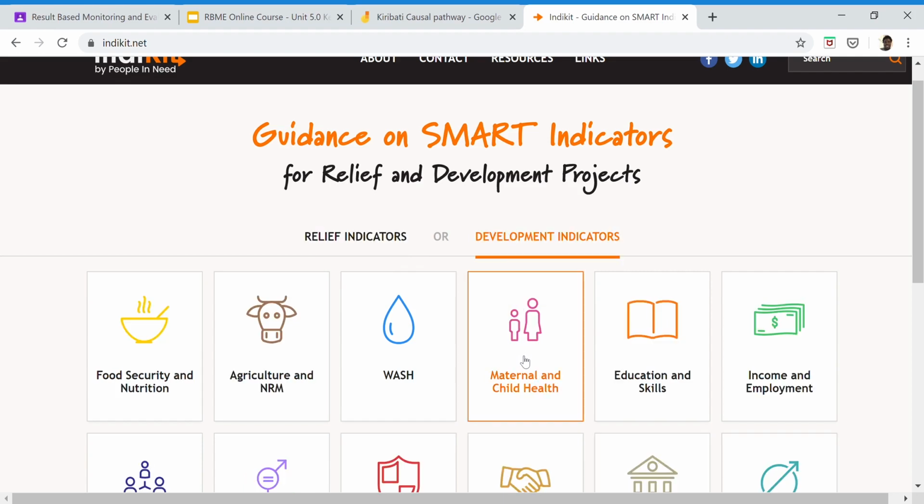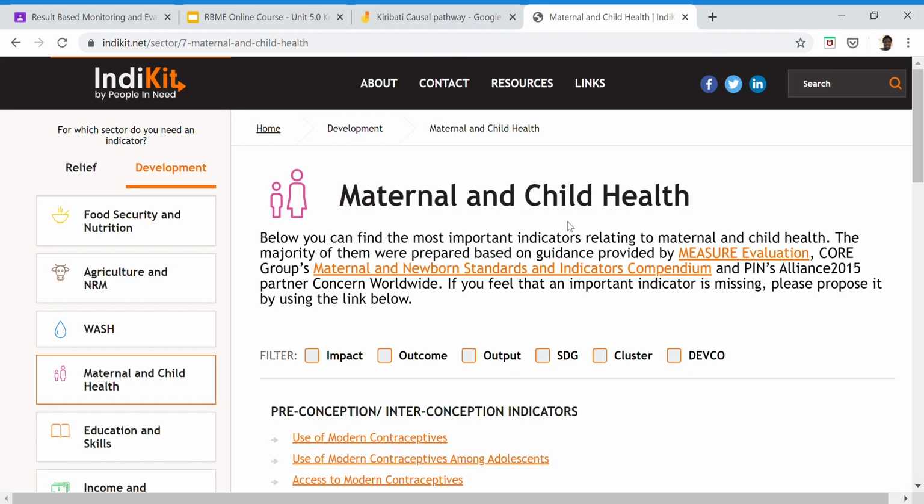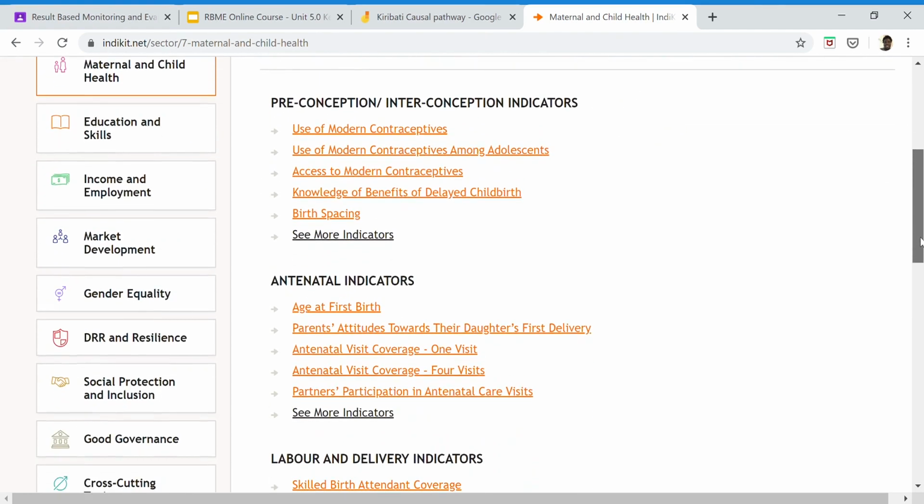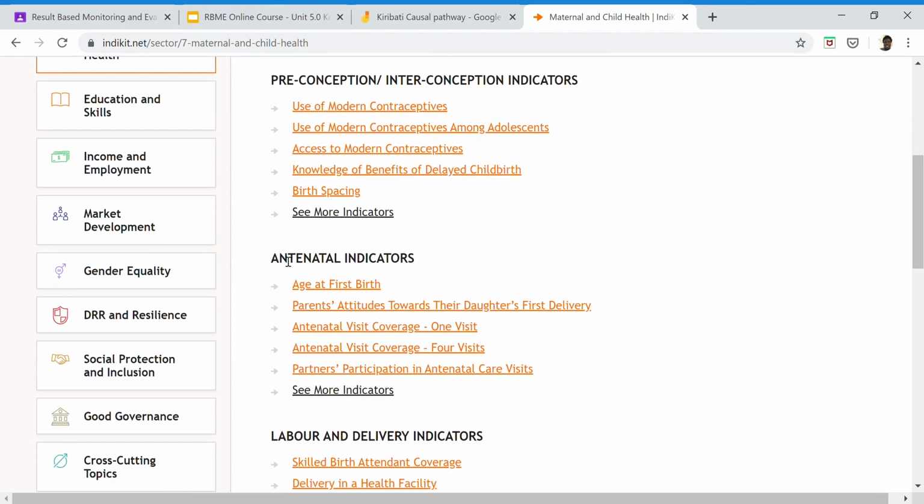For example, for maternal and child health, you can come to their website and look for an impact, outcome, or output indicator, whichever one. You can see age at first birth, parents' attitudes towards daughters' forced delivery. So you have lots of indicators.